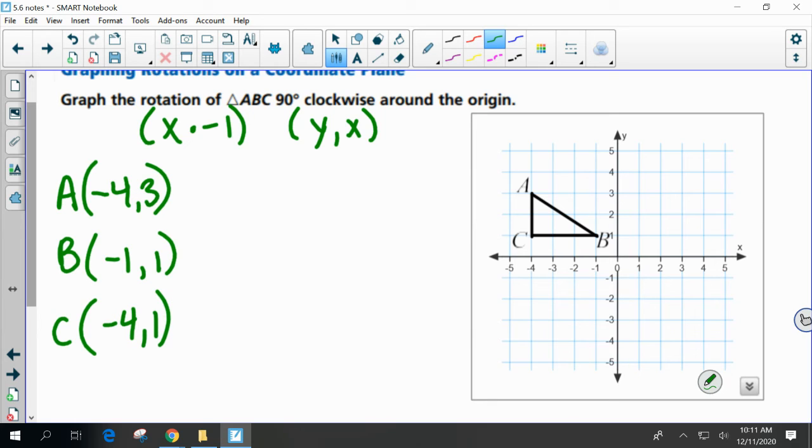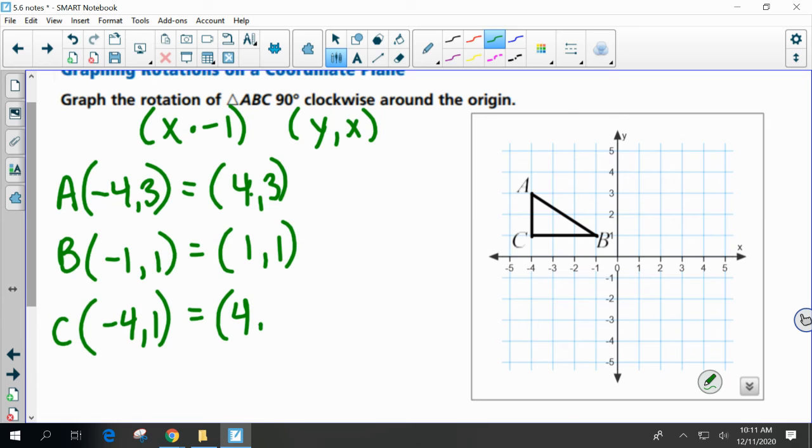So we're going to take our x value and change the sign. So we're going to get 4, 3; 1, 1; and positive 4, 1. And the last one is flip your x and y.